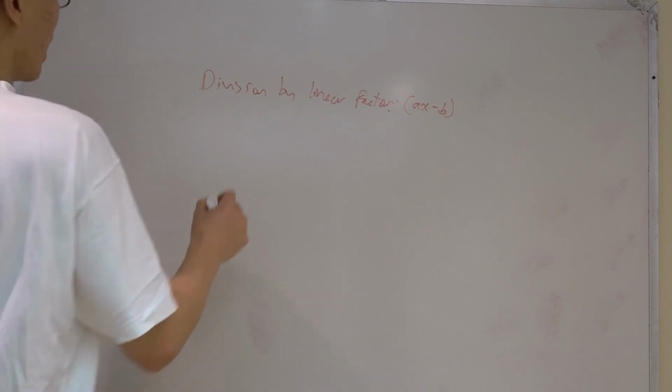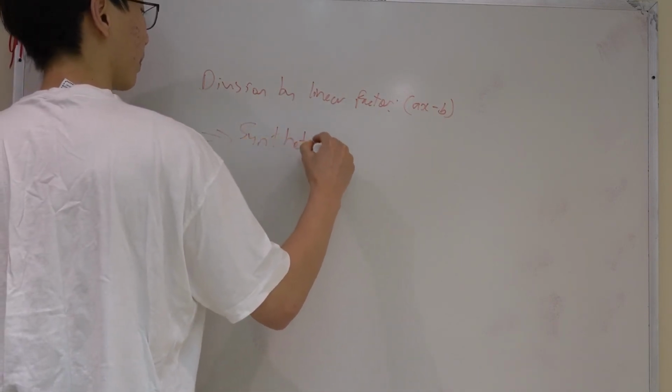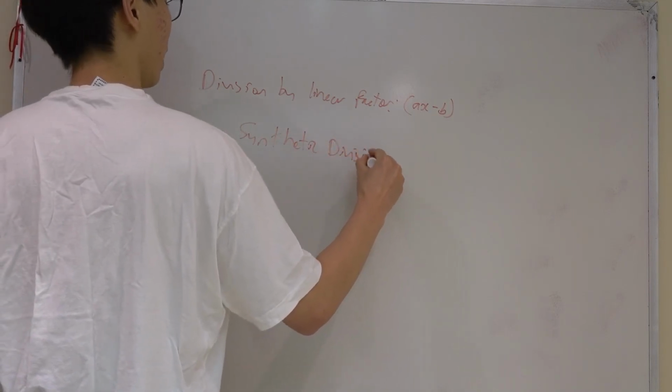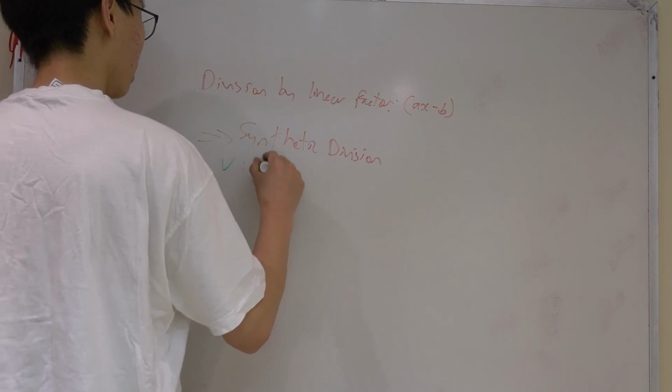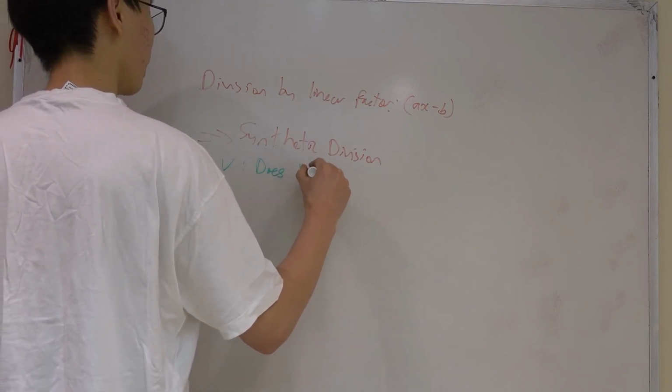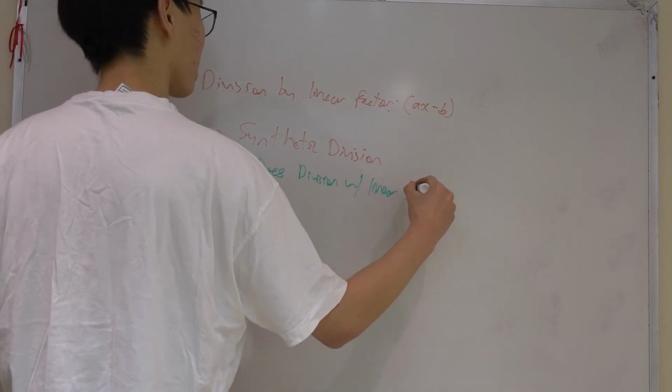So we're going to find a tool to do this faster called synthetic division. The upside, the pro, is that it does division with a linear factor really fast.